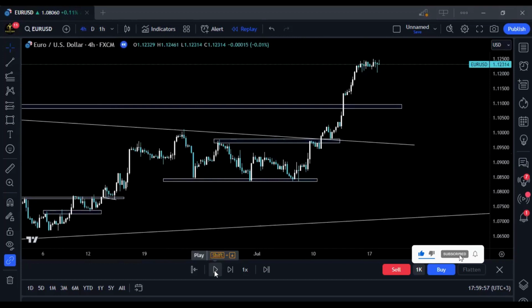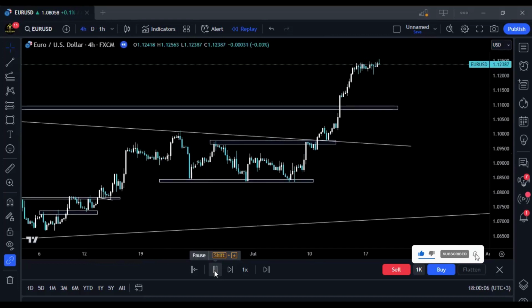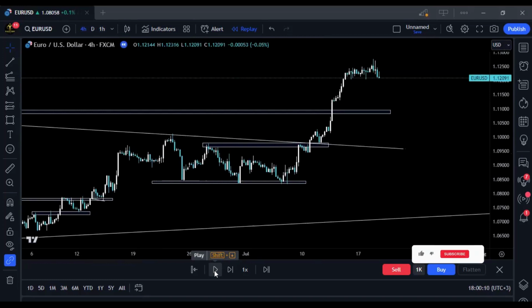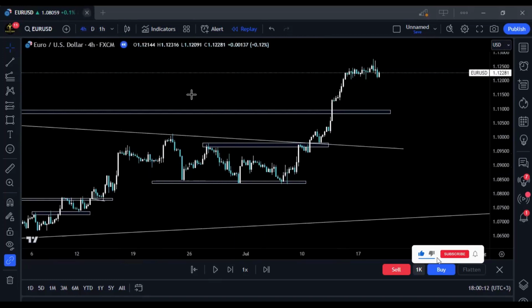Okay, so prices push lower into some bearish momentum and then close down. It is still bearish. Look at this on the one.